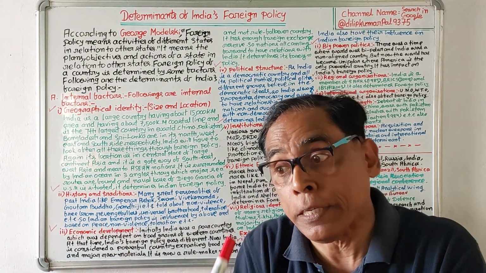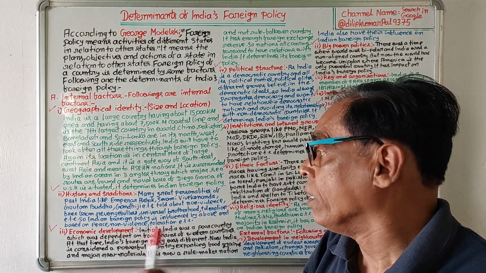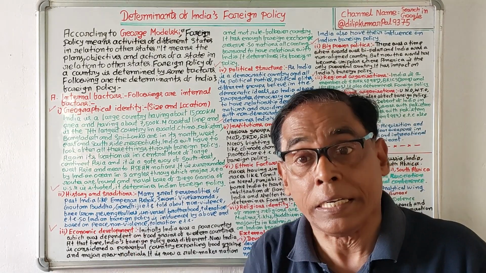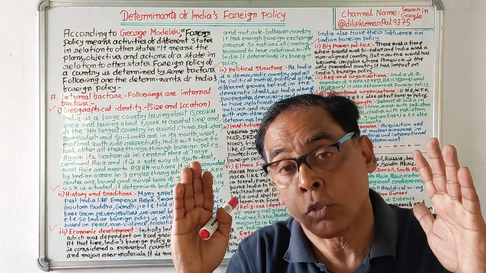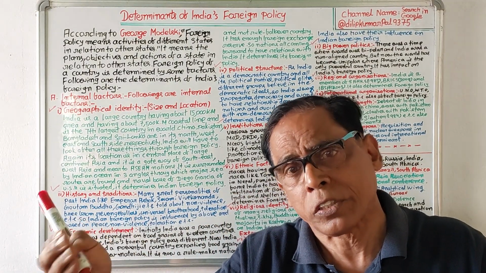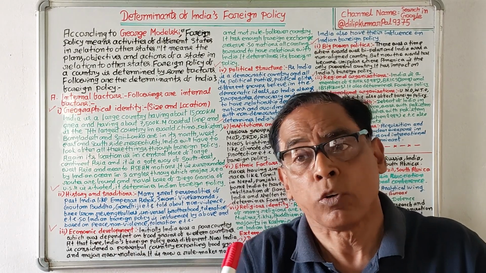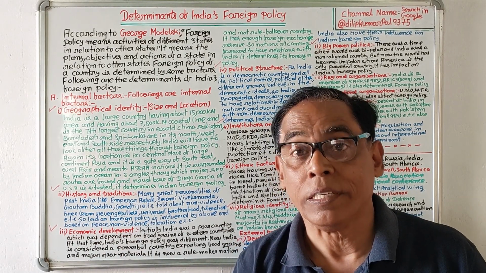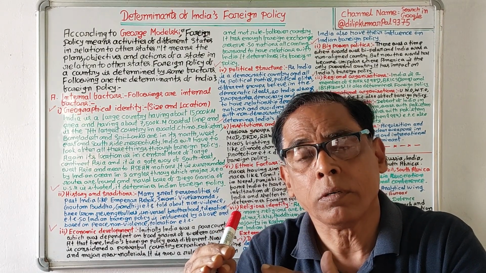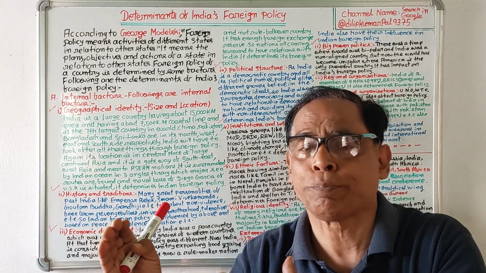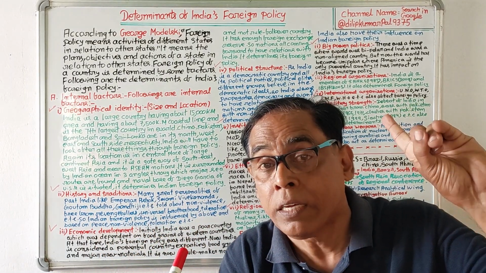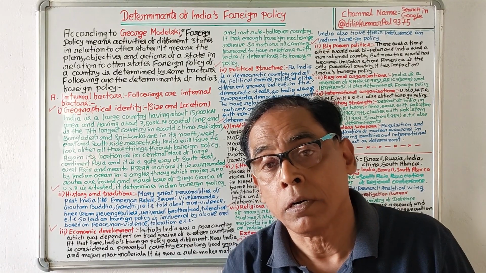So India's foreign policy is based on peace, non-violence and toleration. India always wants to have peace. India doesn't want to interfere in other nations. India doesn't want to create violence. India always carries out peaceful means. So India's foreign policy is influenced by the great personalities of India's past.